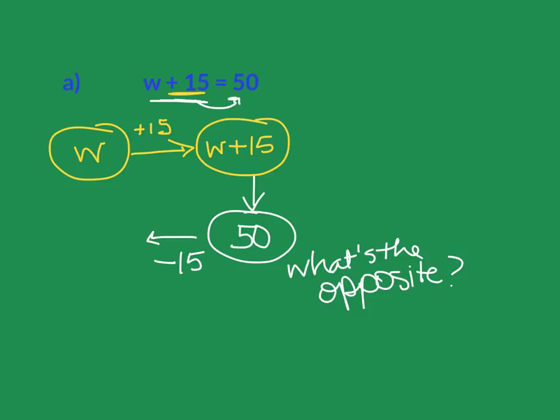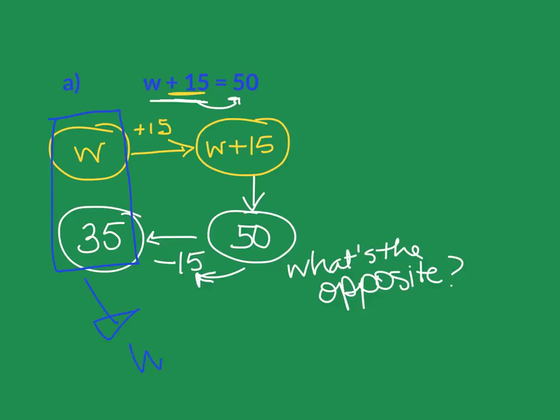So 50 minus 15, because I'm going in this direction. 50 minus 15, well, 50 minus 10 is 40, minus 5 more is 35. So that tells me that these two things are equal to each other, and therefore W is equal to 35.